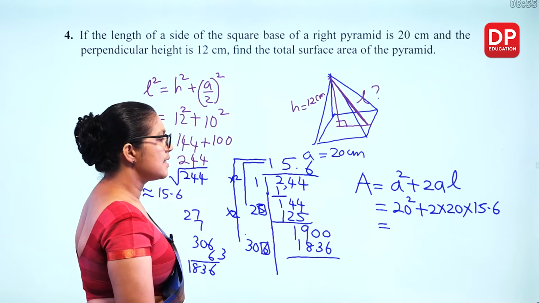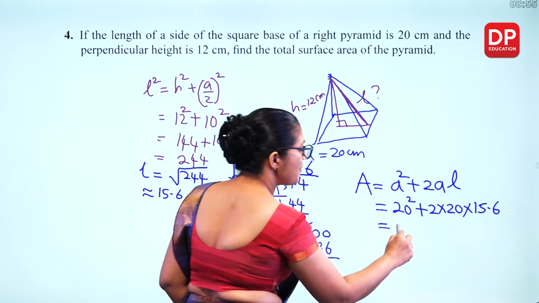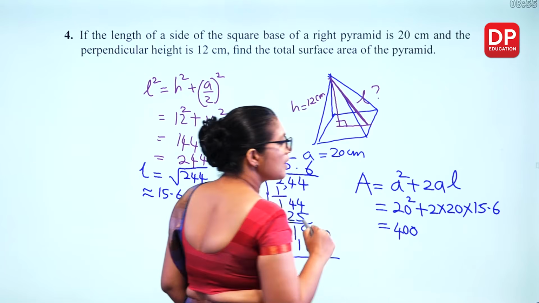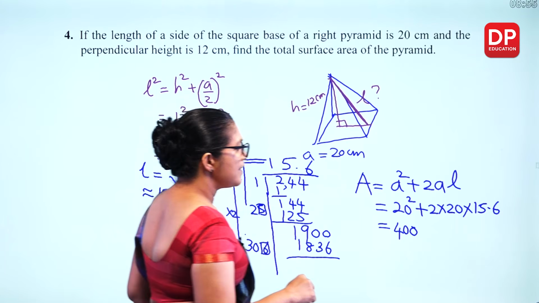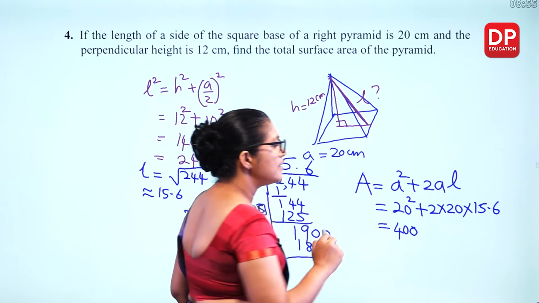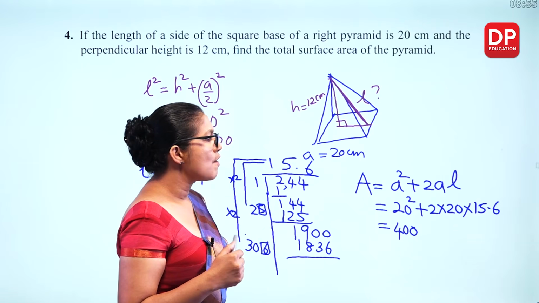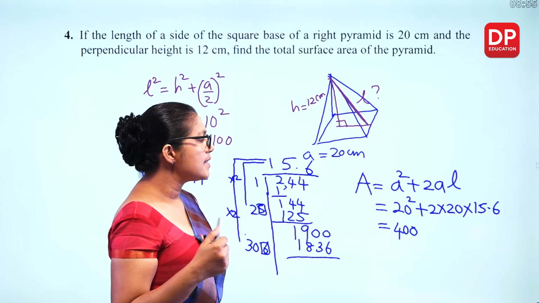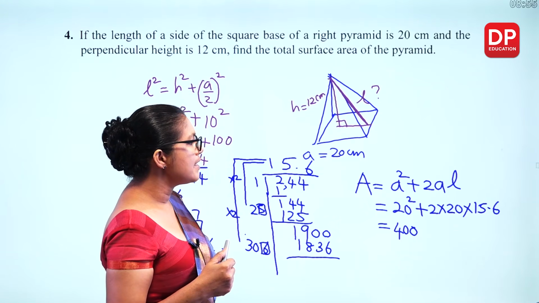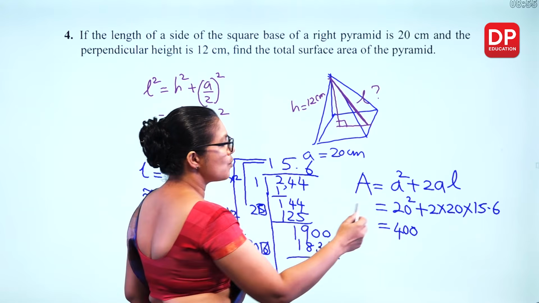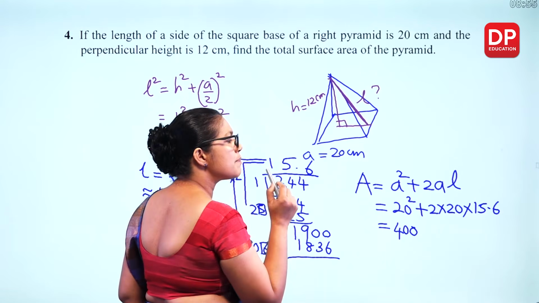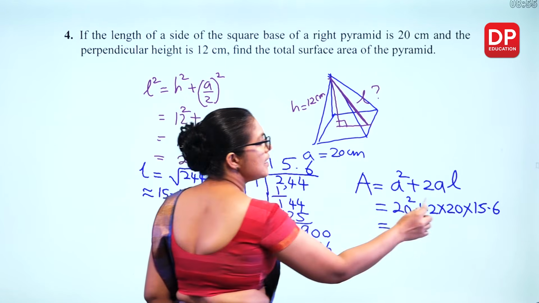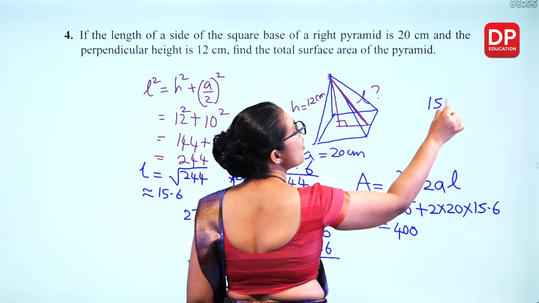So what's the answer? 20 squared is 400. How can we easily multiply this? Here 20 times 5 is 100. Can we get 100 here? No. So here we need to multiply this by 40 times 15.6.